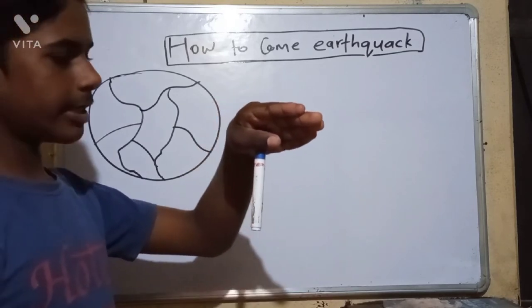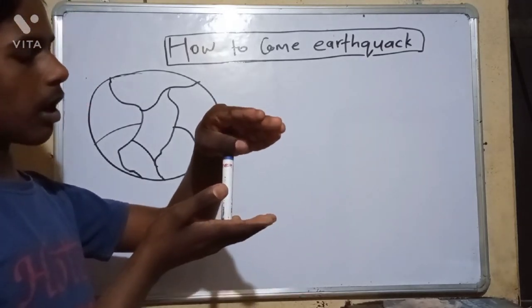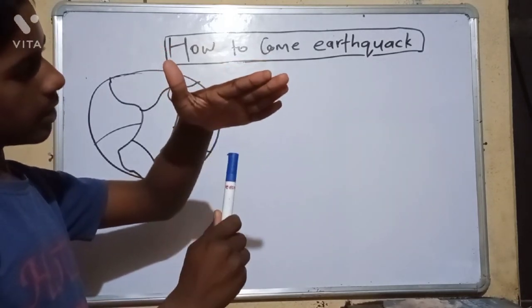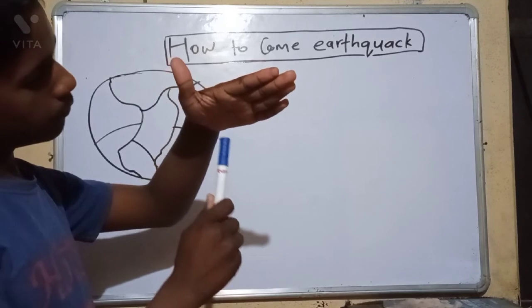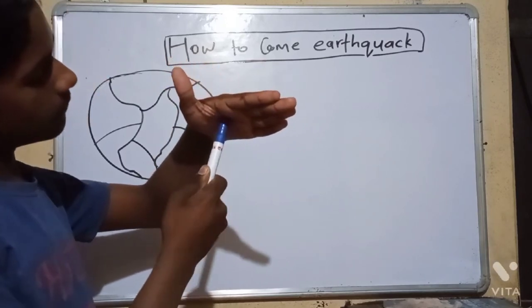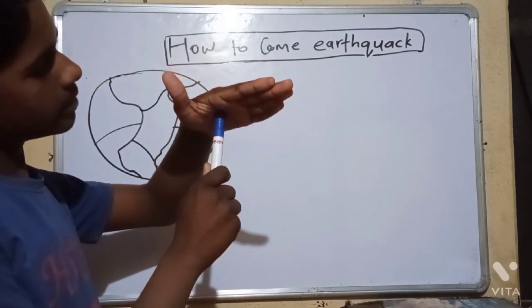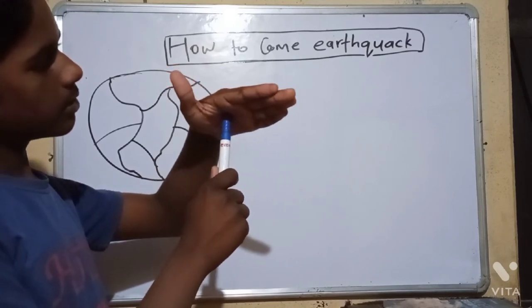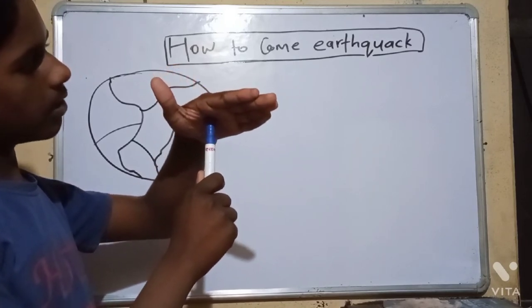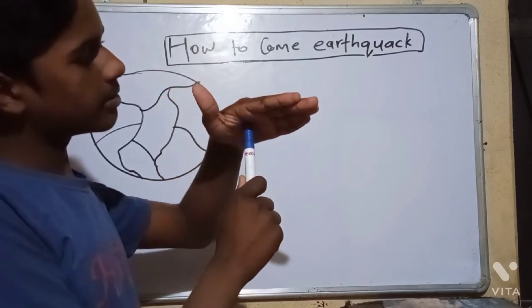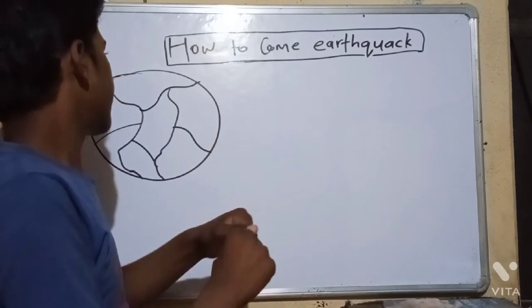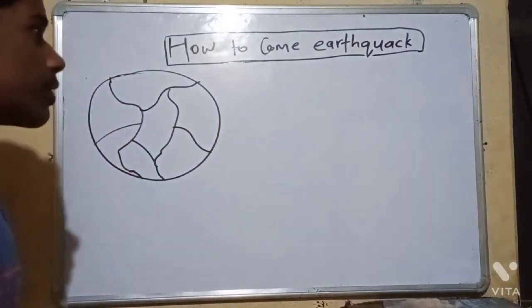After heating, it goes upside, and that force is applied to the crust. Then it applies the force and pushes it. The crust starts going right and left, and due to this it causes the earthquake.